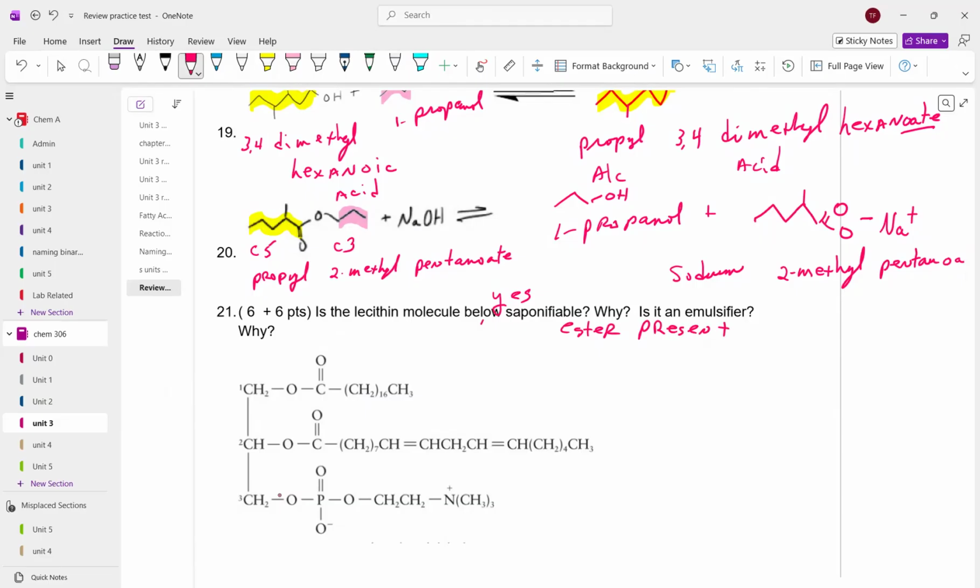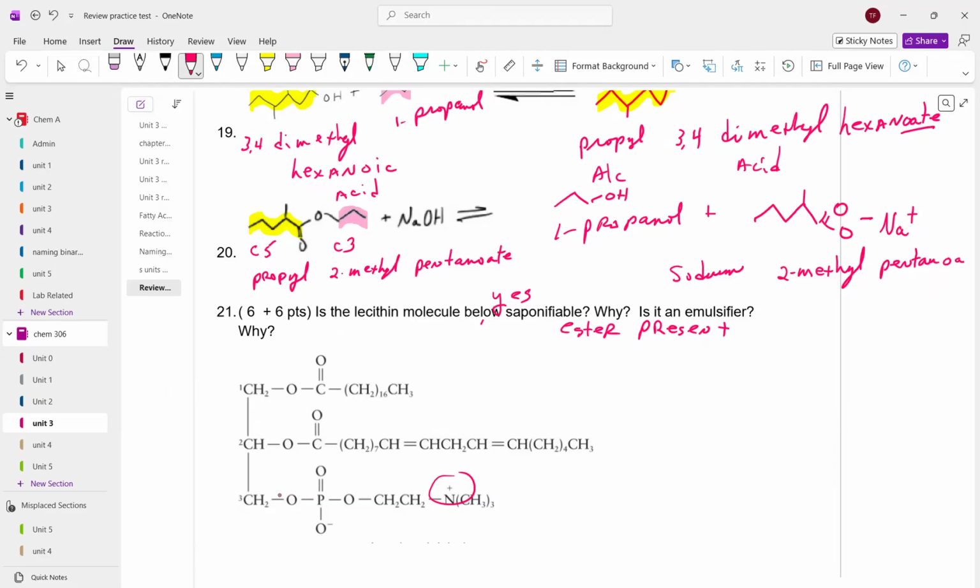Is it an emulsifier? Now remember, an emulsifier has got polar parts and non-polar parts. If both of those are present, it's an emulsifier or soap or surfactant. All those are the same thing. Soap is the easiest one. Okay, well, that is a charge.